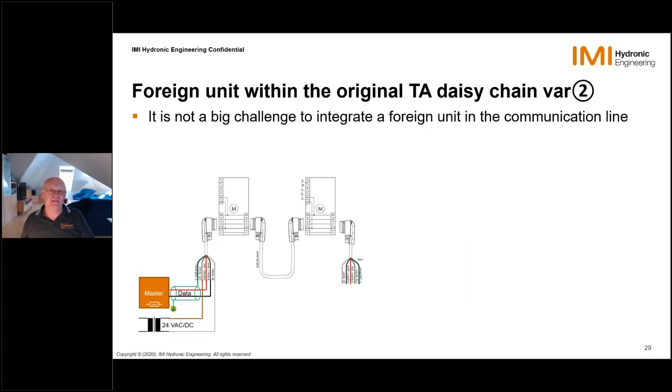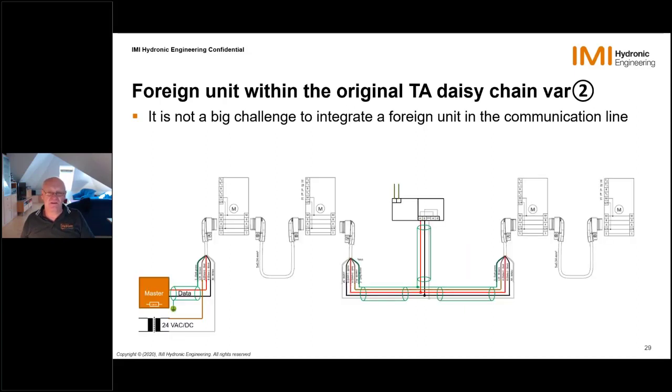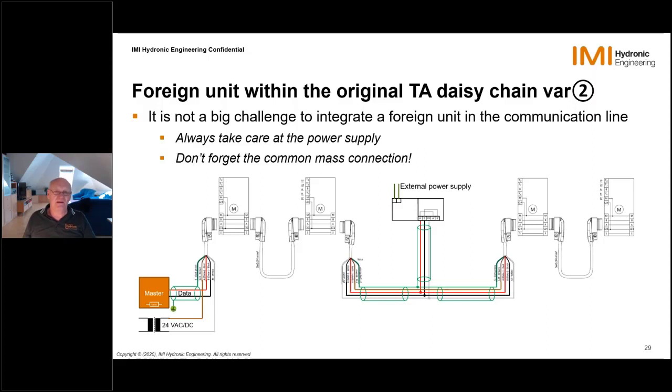The second variant, which can be used, is of course the same as we have done before, using only a short distance here and only two lines here to make the connection. So in that case, you are avoiding to go in and go out with the bus cable again. But that is only a variation of the things. The rest is practically identical.